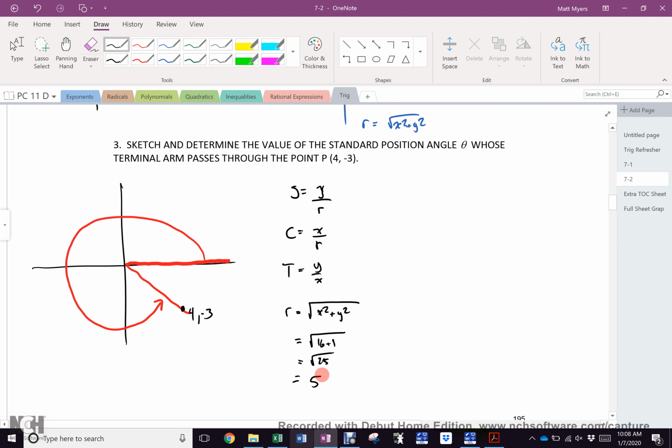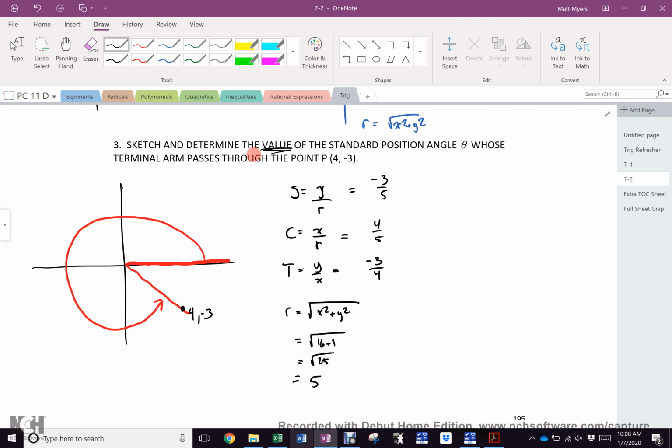Okay, so what is our sine? Negative 3/5. What is our cos? 4/5. What is our tan? Negative 3/4. Now, how do I find the value of the angle? Do I have the ratio?